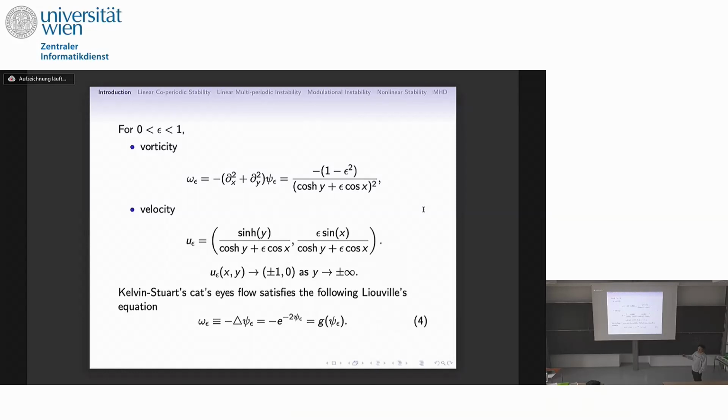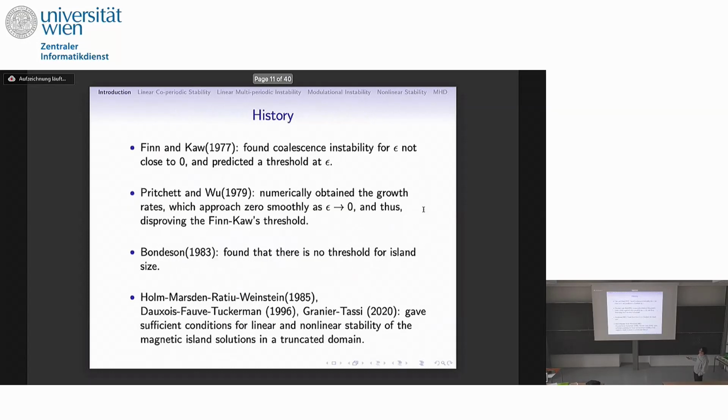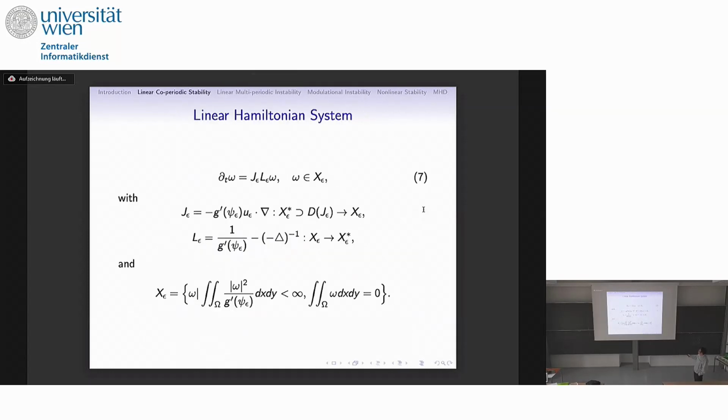In other words, the perturbation of the velocity is going to vanish at infinity. So the integral of the vorticity should be equal to 0, because it is 2 pi times the difference of the horizontal velocity at infinity. That's why when you look at the linear perturbations, this condition has to be there, and it is very crucial to have this restriction.